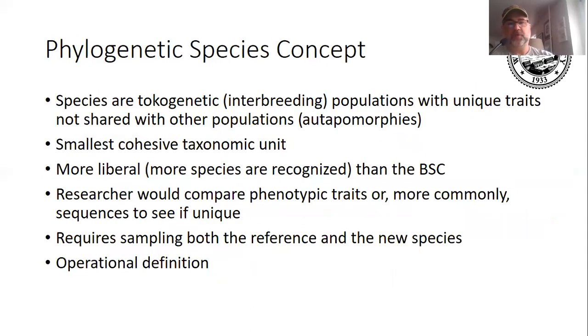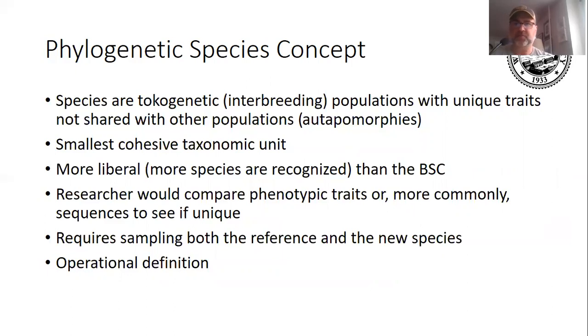The phylogenetic species concept started to become popular in the 1990s among some evolutionary biologists. And this is an interesting definition. It takes a little bit of time to explain. So a species is the smallest coherent unit of a population that's tokogenetic.